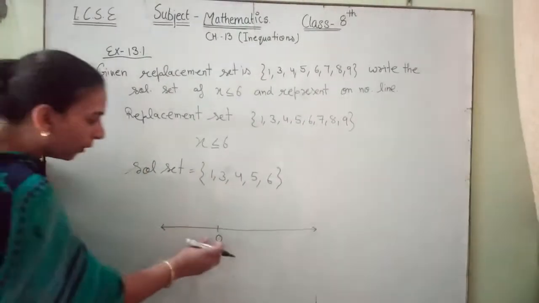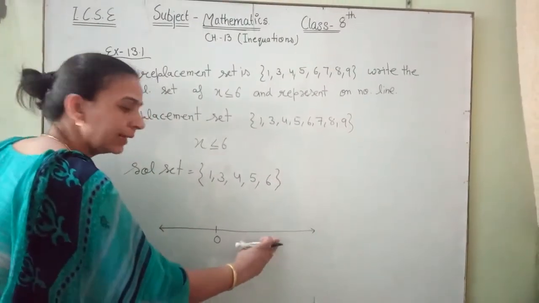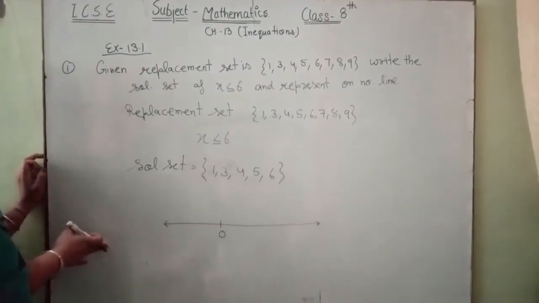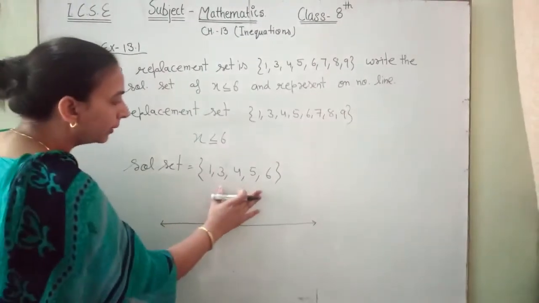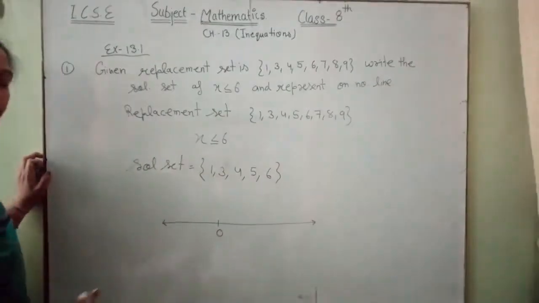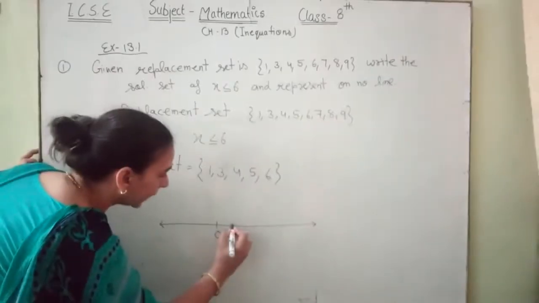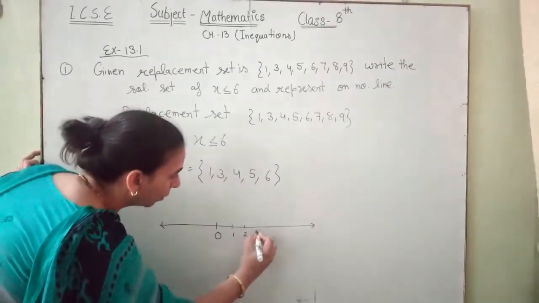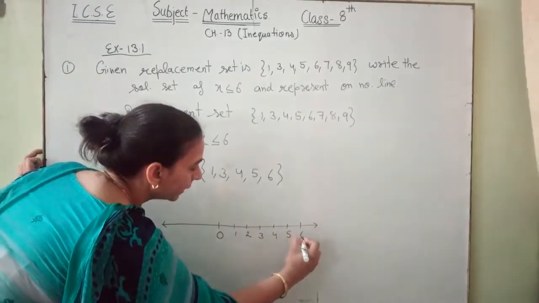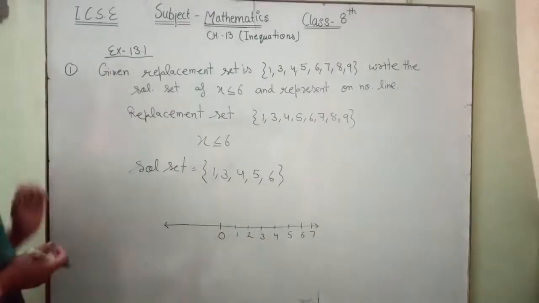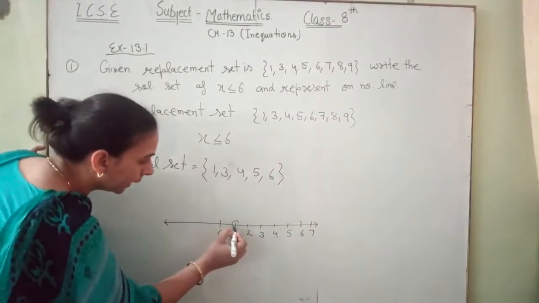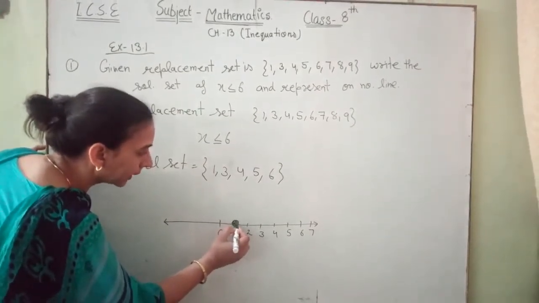From the right side of 0 there are positive numbers, and from the left side of 0 there are negative numbers. All our numbers are positive, so we take them from the right side of 0: 1 2 3 4 5 6 7. Our solution set has number 1, so we take number 1 and darken this circle.